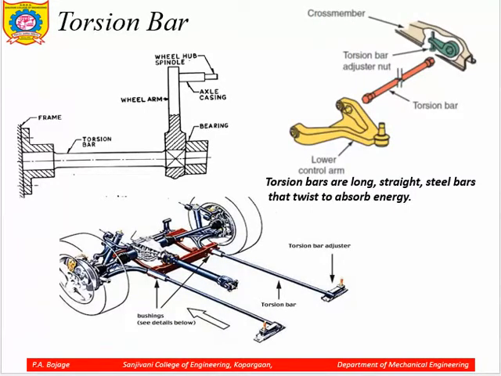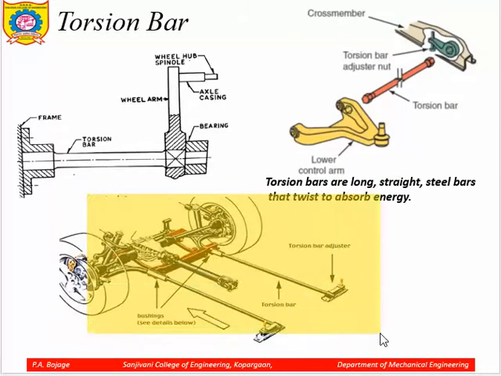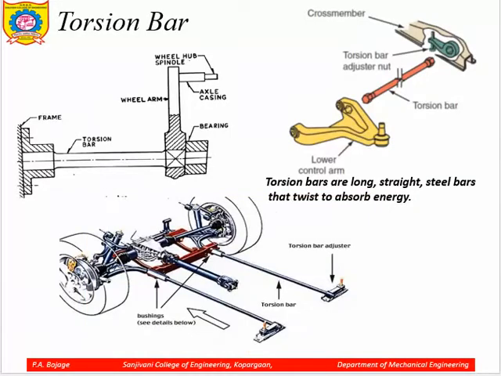So you can see in this diagram how this bar is attached here. So it is attached here, and this torsion bar is taking the twisting moment, so it gets twisted here and absorbs the shock.